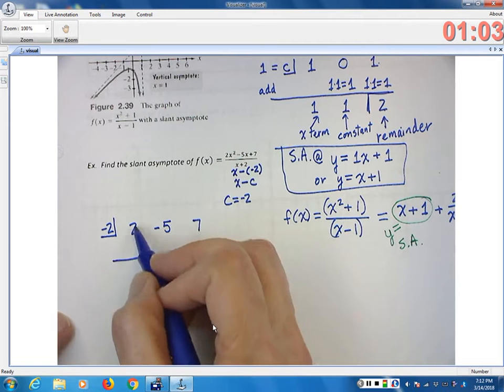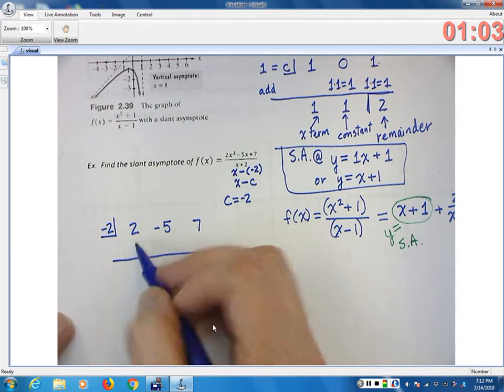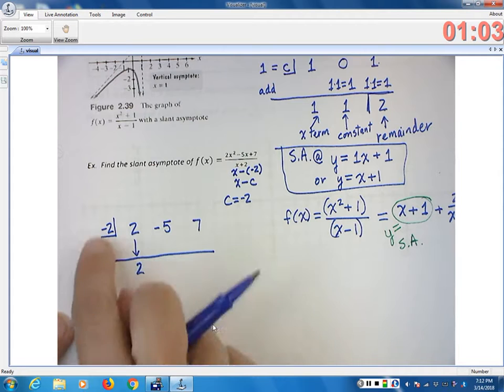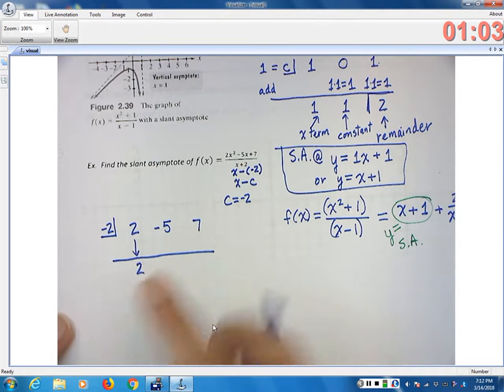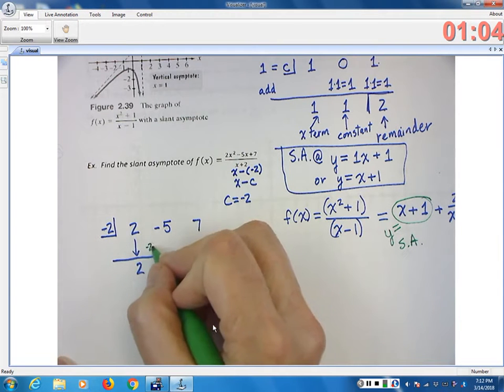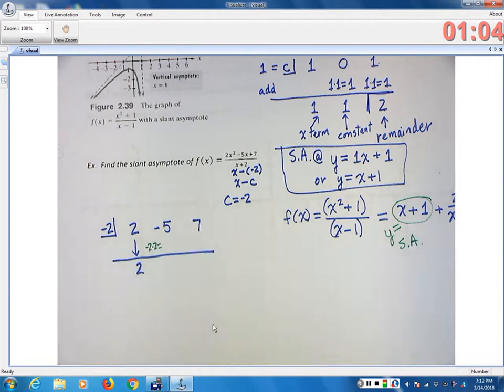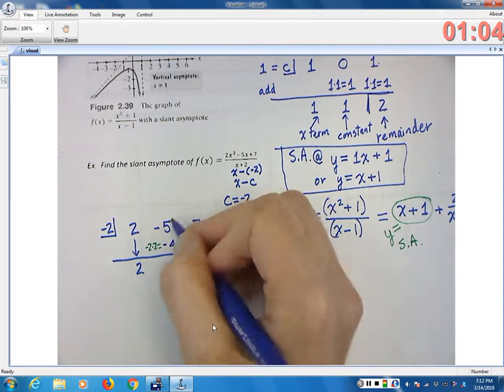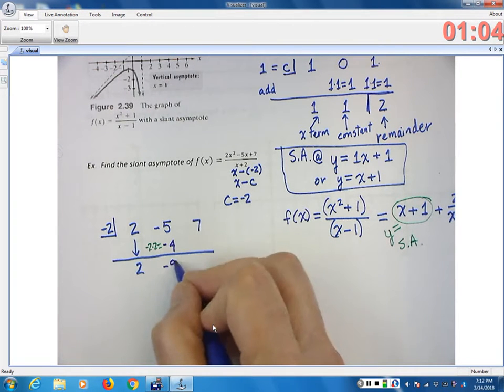And there's nothing here, so 2 plus 0 is 2. So we just bring that 2 down. Then we do negative 2 times 2. All right. So it's negative 2 times 2 is negative 4. Then we add, that's negative 9.